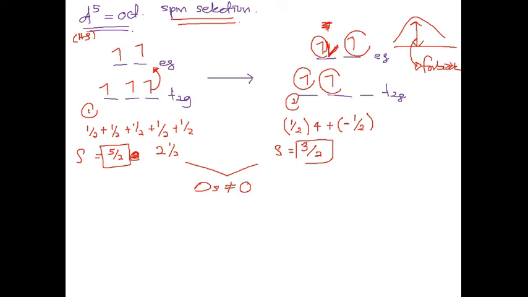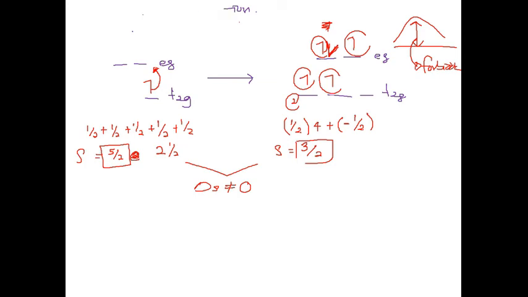So what about another example, for a tetrahedral complex? We look at D to D transition too, but for a tetrahedral complex, and we also look at the spin selection rules.